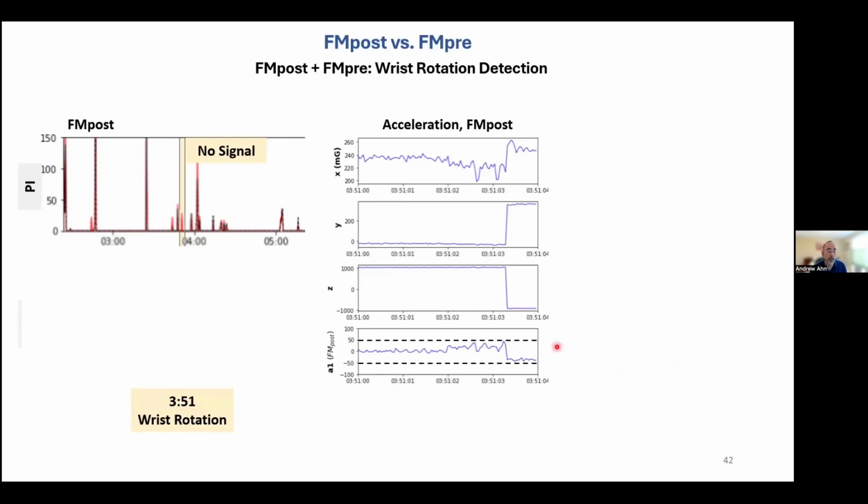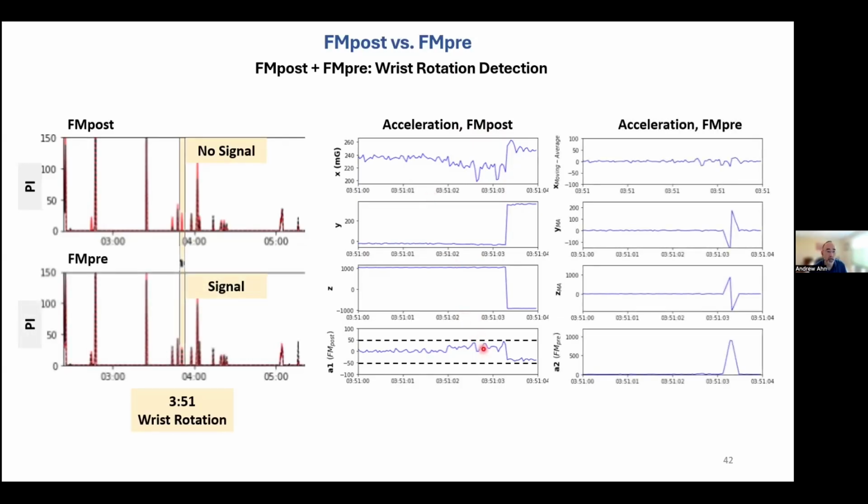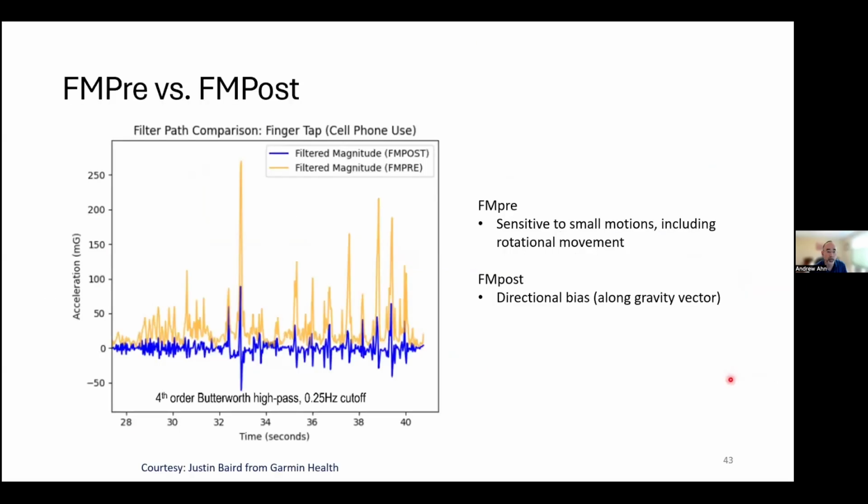Another interesting thing is, there are some movements such as rotational movements. This is FMpost processing as the wrist is changing along its axis. And you can see that this appears here. However, the FMpost doesn't denote this rotation that well, whereas in FMpre, you see the rotation much better.